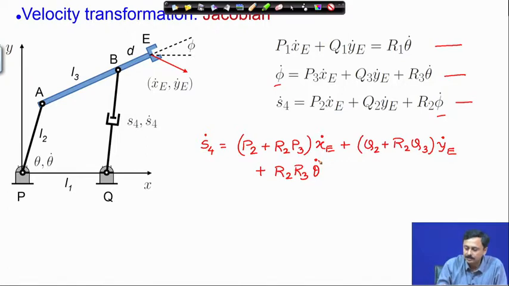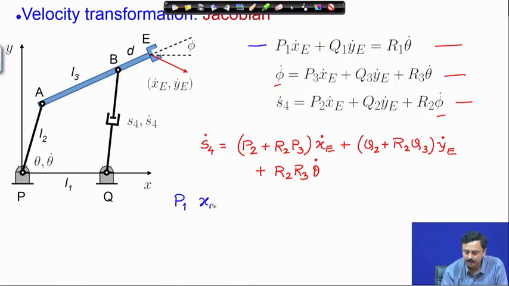Now, let me write out the first equation here.